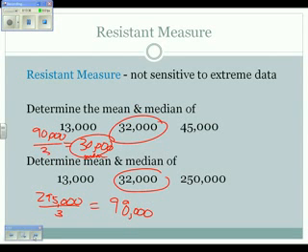But the mean was drastically affected by this one very extreme data value. So the mean is not resistant, and the median is resistant.